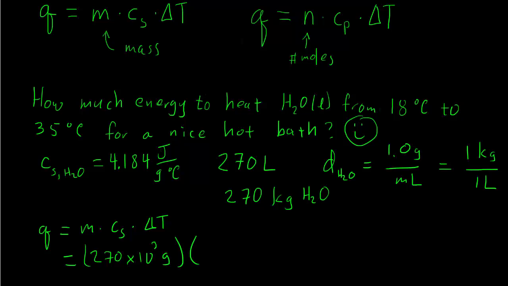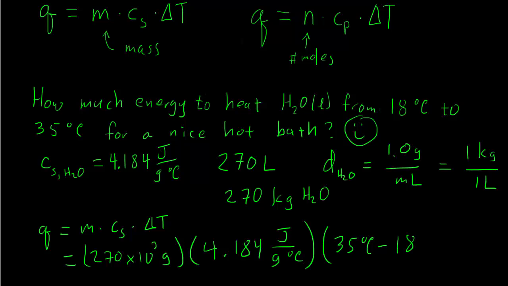And I multiply that by the specific heat capacity of water, 4.184 joules per gram per degree Celsius. And then I need to multiply that by the temperature change. So my final temperature is going to be 35 degrees Celsius minus my initial temperature, which is 18 degrees Celsius. And so that gives me a temperature difference of 17 degrees Celsius.